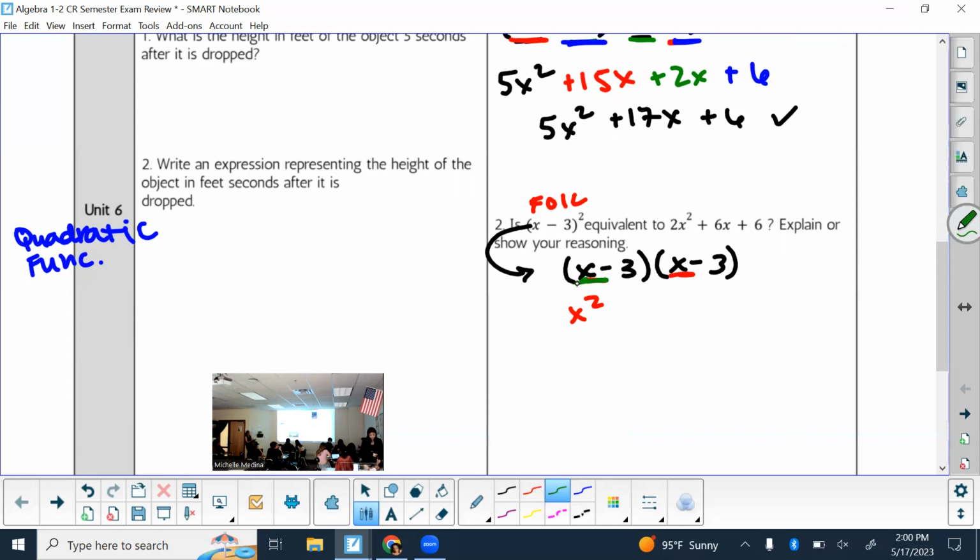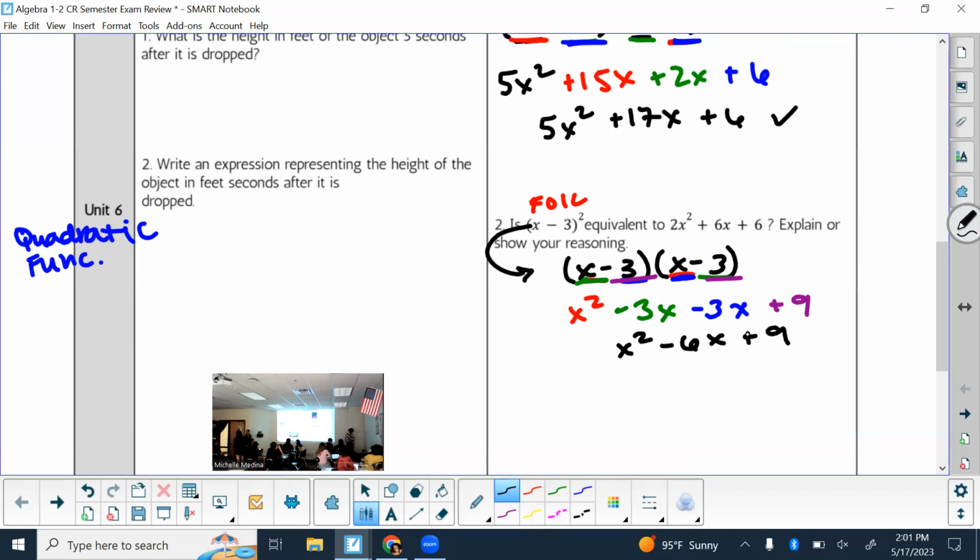So outer terms, x times -3. Inner terms, -3 times x. And then last terms, we have -3 times -3. Combine like terms, usually they're in the middle when you FOIL, like that.